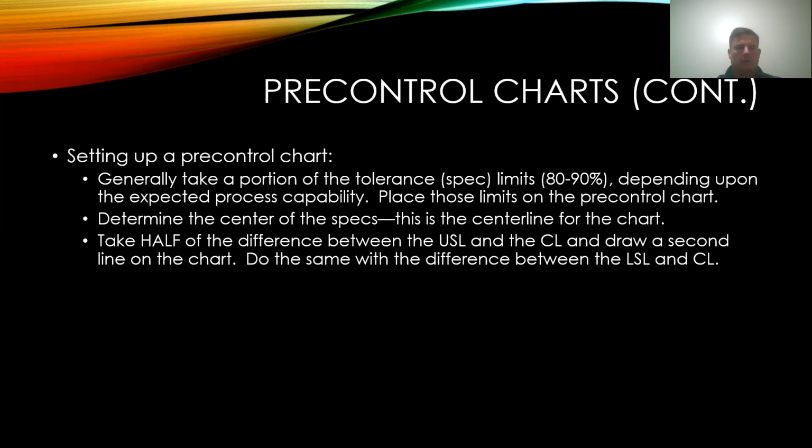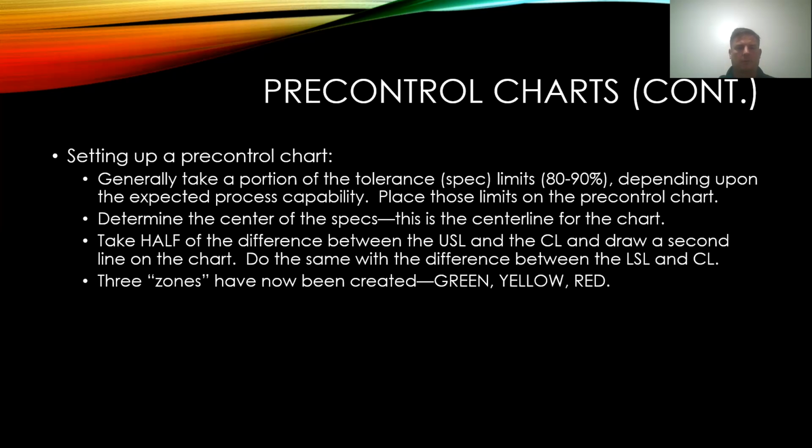Then take half the difference between the upper spec limit and the center line and draw a second line on that chart, halfway between the upper spec limit and the center line, and also halfway between the lower spec limit and the center line.